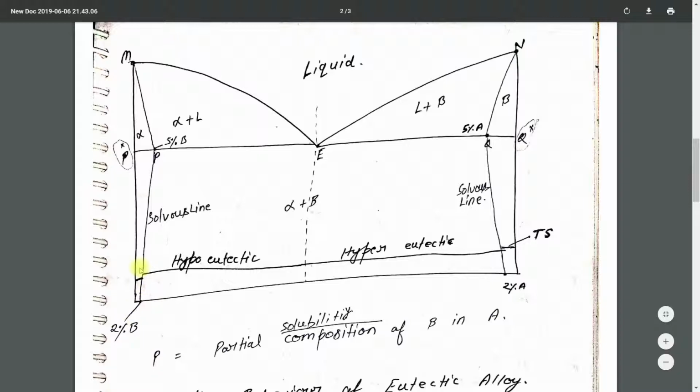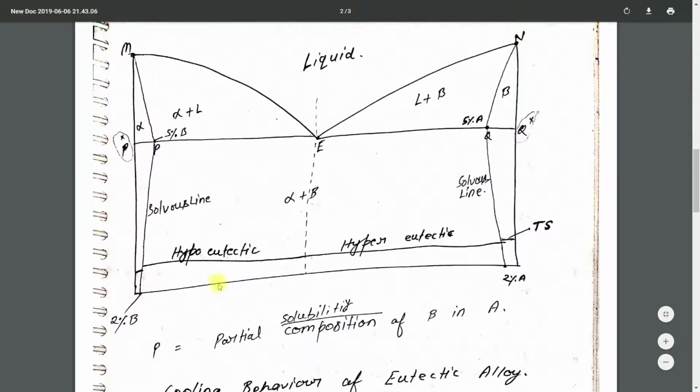Previously there was 100% A and 0% B. Similarly here, A is 2% and 98% is B.